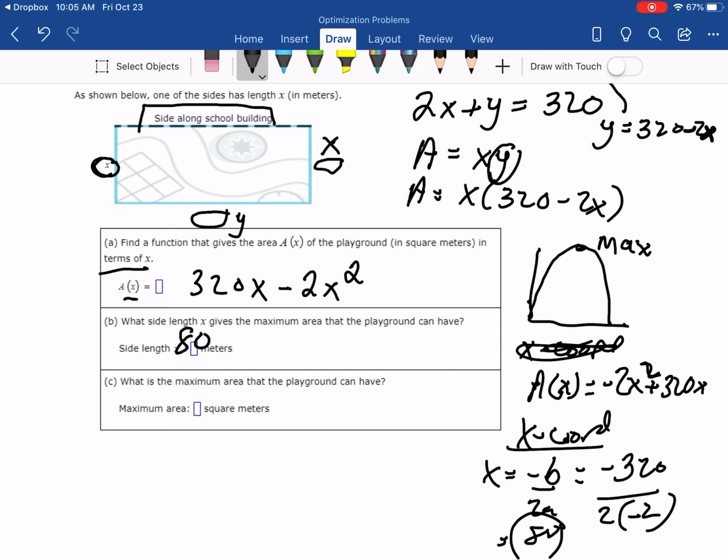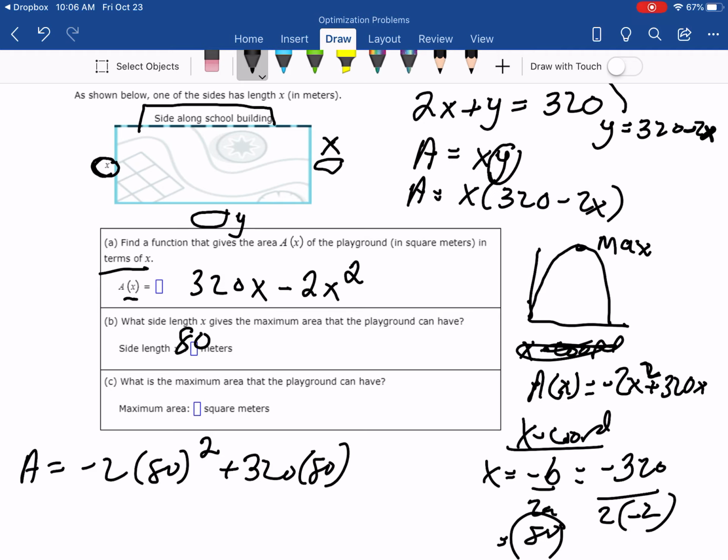And then what is the maximum area that the playground can have? We'll substitute that into the area formula. A equals negative 2 times 80 squared plus 320 times 80.